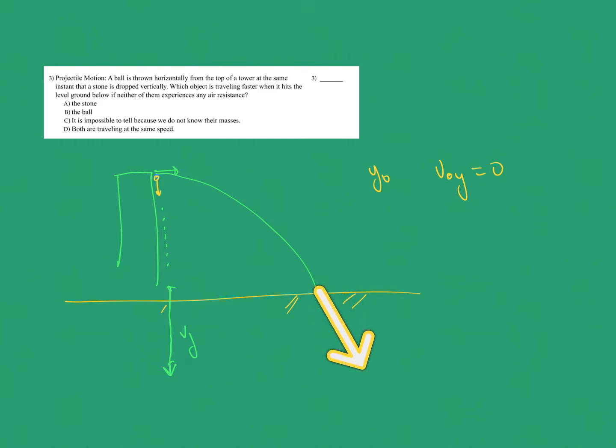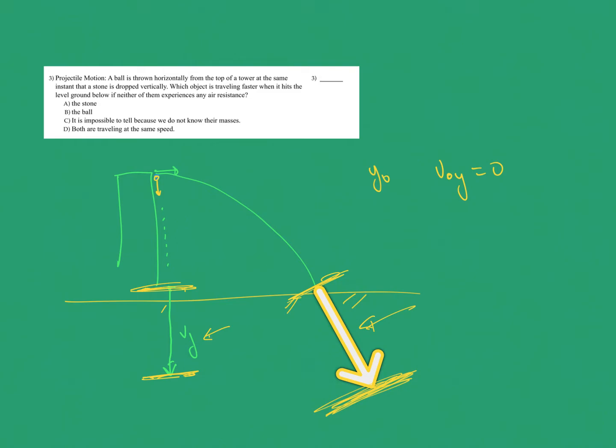So what the problem is asking is whether this final velocity magnitude is bigger than this one, because the directions are different. And the answer is yes. This magnitude is bigger.